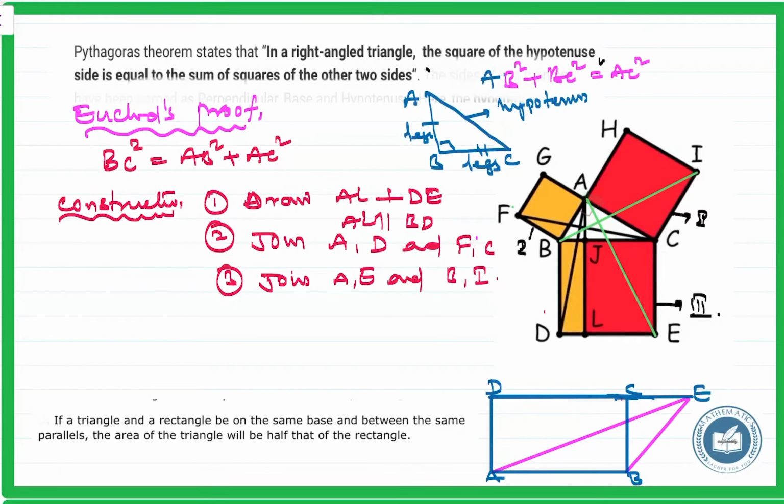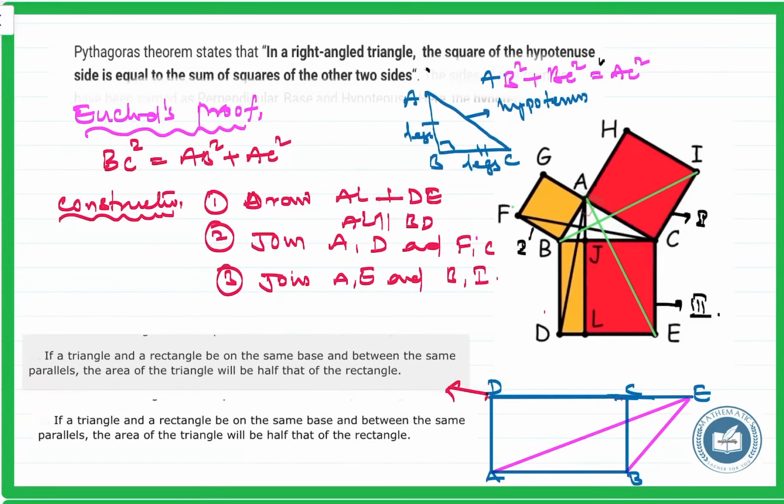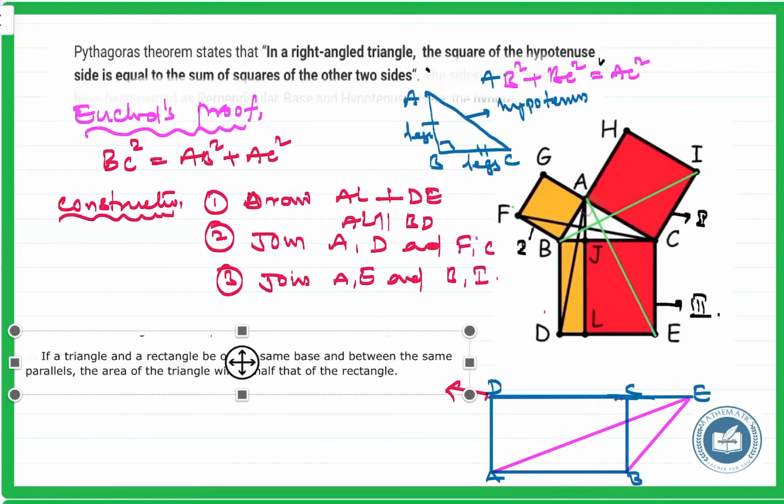Next, one more thing is required to prove this. Actually, for a rectangle and a triangle on the same base and between the same parallel lines, the area of the triangle is half of the area of the rectangle. This is the statement.